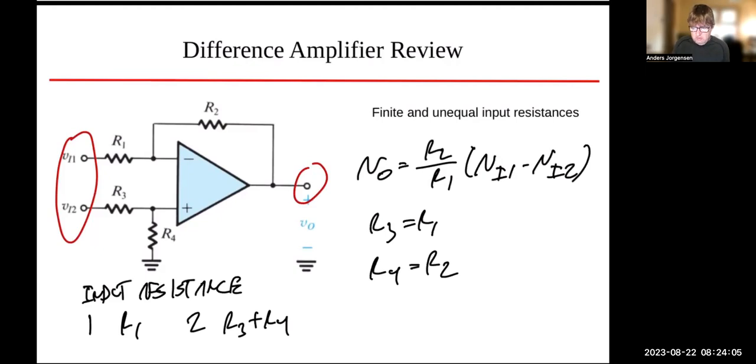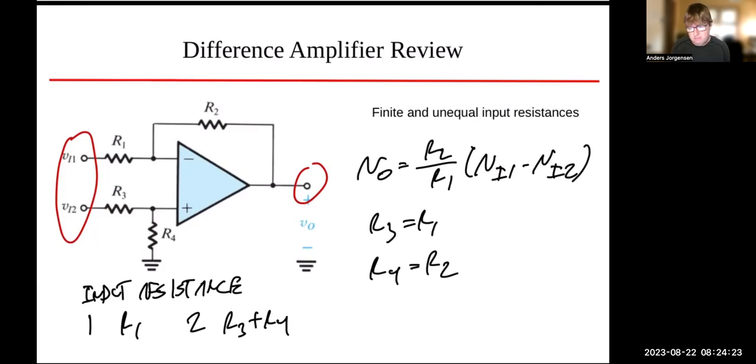So two problems. One is that the input resistances are finite, and the second problem is that the input resistances are not equal. Okay, and both of those can cause problems in practical applications.